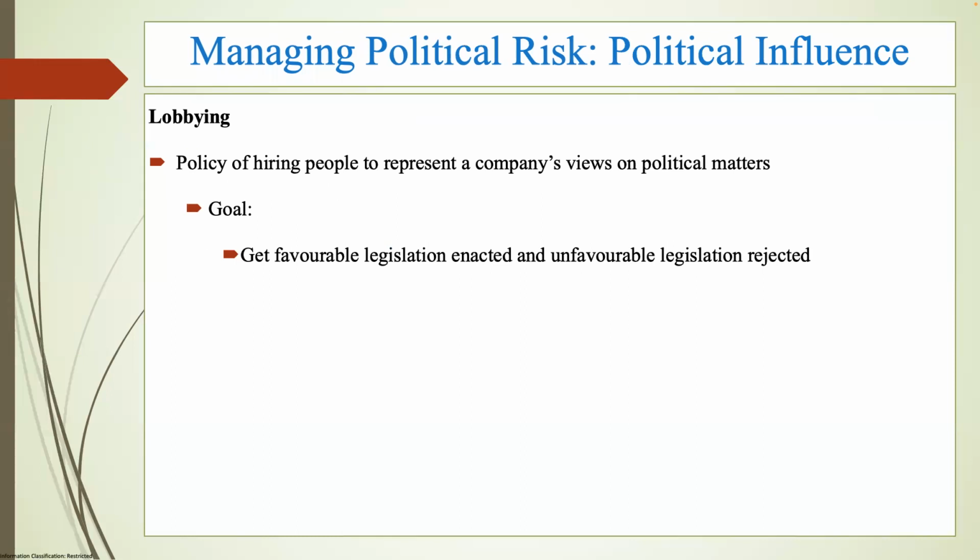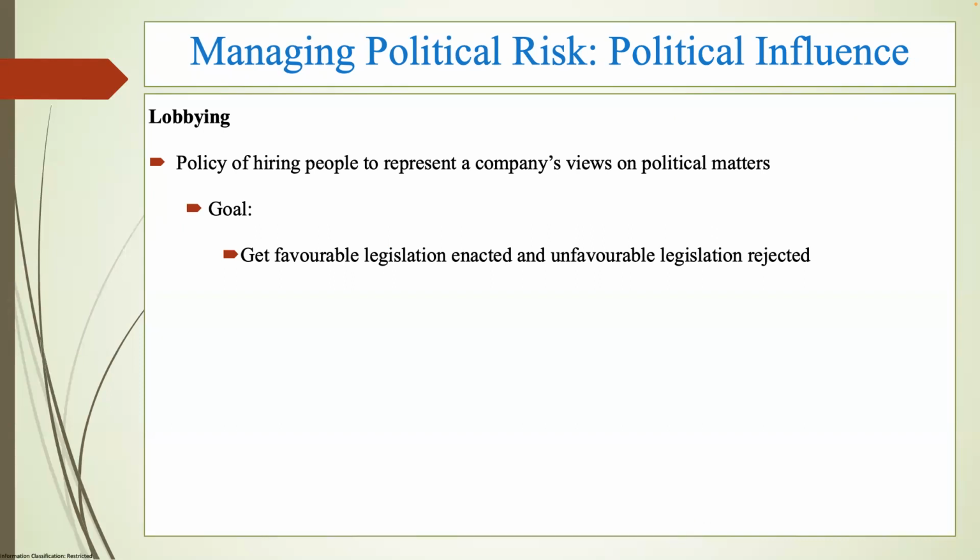Lobbyists also work to convince local officials that a company benefits economic development, sustainability efforts, workforce skills, and so on. In addition, building a relationship with external stakeholders and diplomacy in the local community can help a company avoid and manage a crisis brought on by political risk.